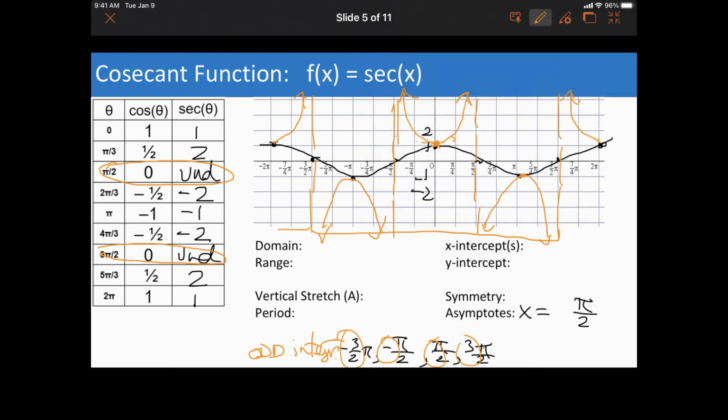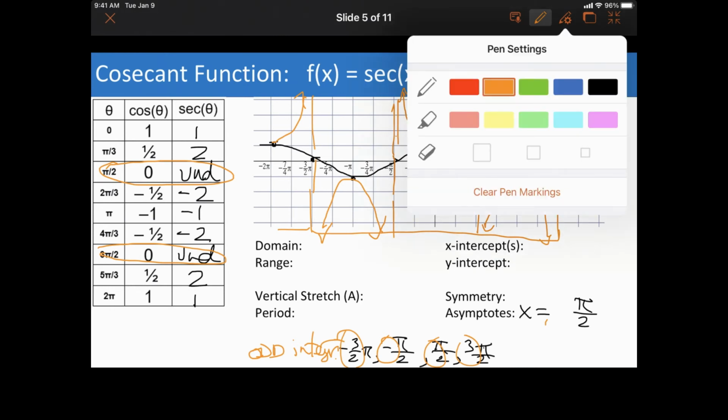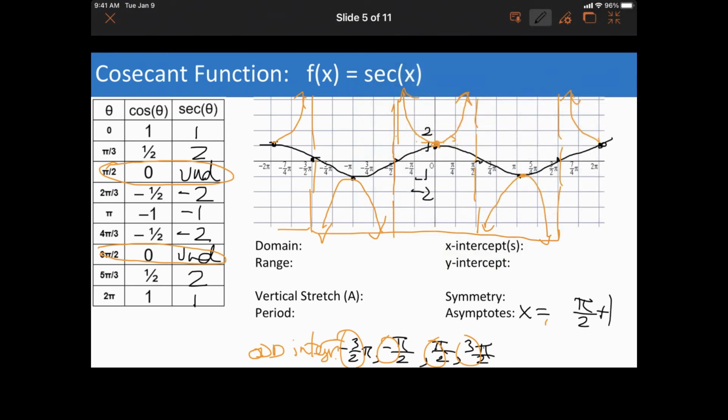So, or we can write it like this: k pi, plus k pi, there you go, where k is a set of integers. So this will get me that odd.